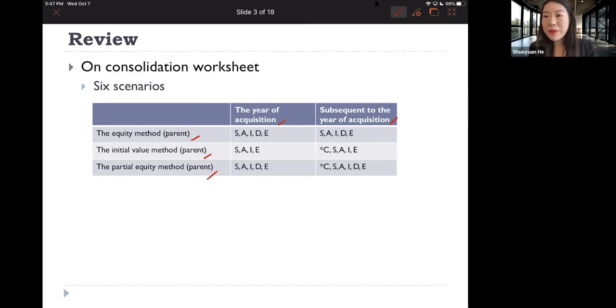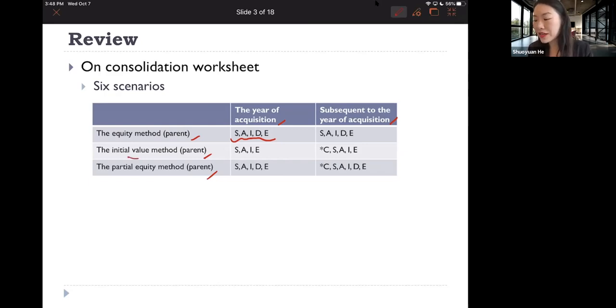Specifically, if the parent chooses the equity method, and it is subsequent to the date of acquisition but still in the year of acquisition, the consolidation entries the parent needs to make are consolidation entries S, A, I, D, and E. Those are the 5 basic consolidation entries.